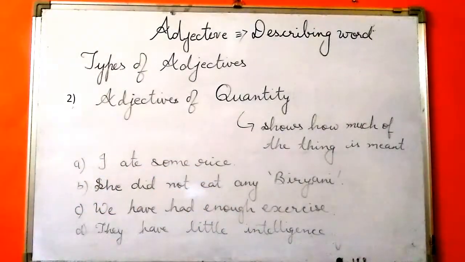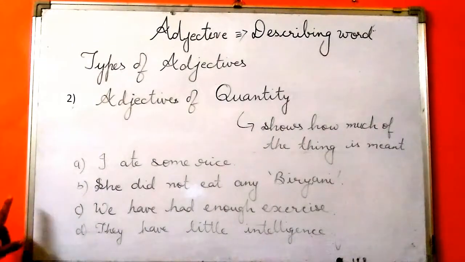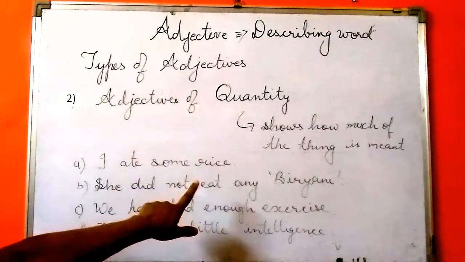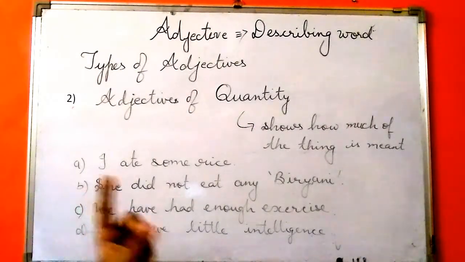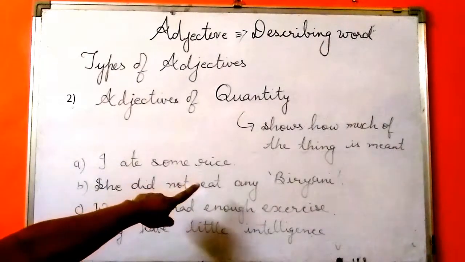What is this telling you? It is telling you how much rice I ate. So the question that you have to ask here is how much. Remember quality? When we were discussing adjectives of quality, we were asking the question what kind of. When we are talking about quantity, we are going to ask how much. So how much rice did I eat?